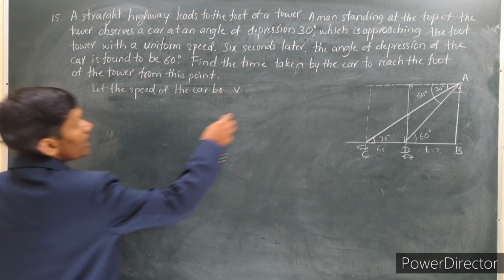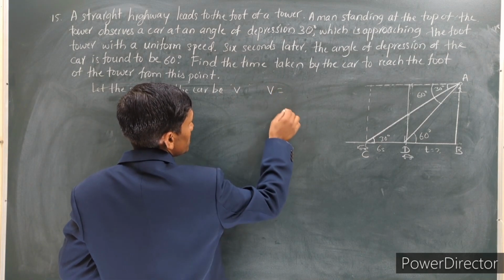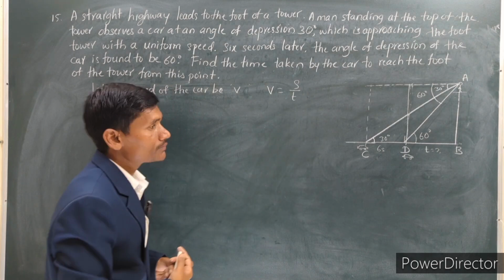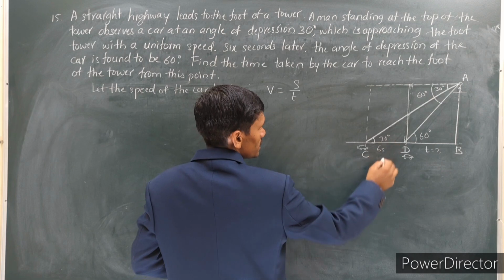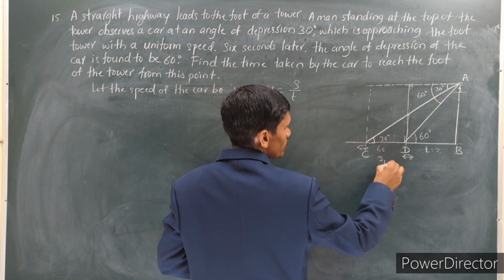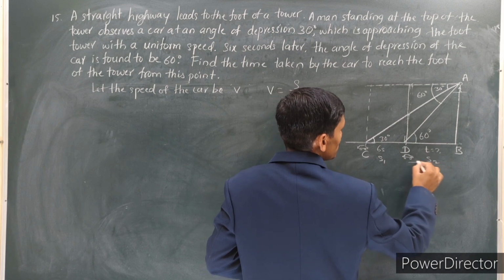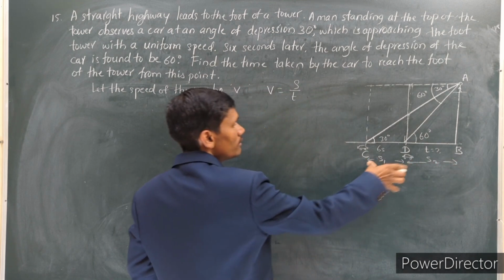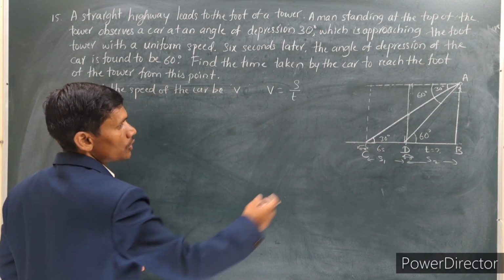Next, you know that speed is distance traveled divided by time taken. Let us call the distance CD as S1 and DB as S2, because S1 plus S2 together gives the total distance.